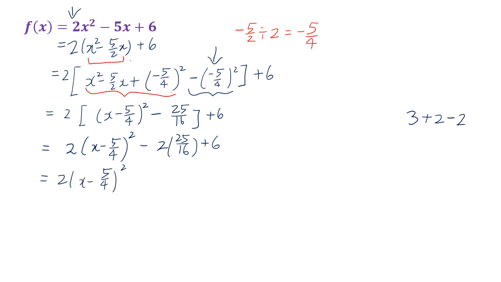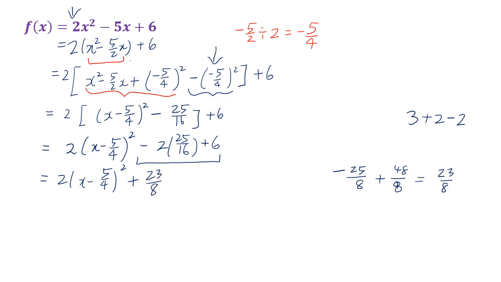Next step, you can just simply use a calculator to work this out. Oh, I don't have a calculator here. Wait, let me try to work it out manually. Okay, that will give you positive 23 over 8.